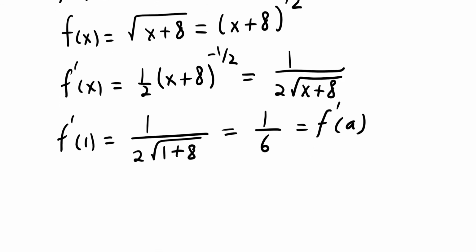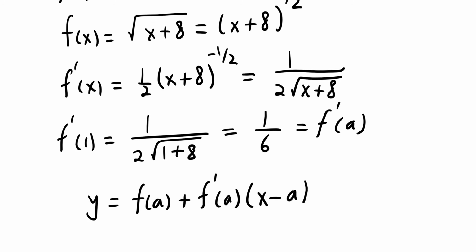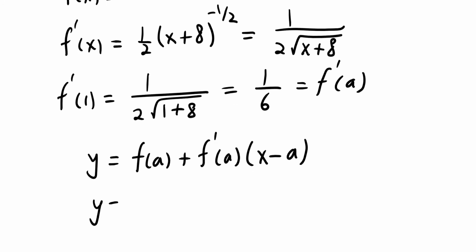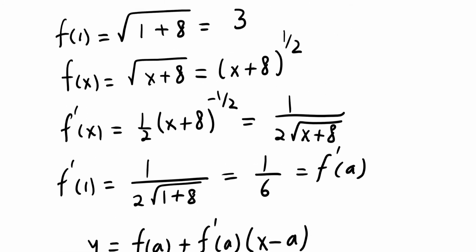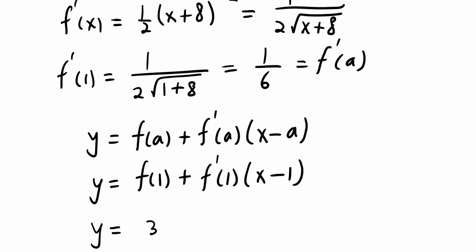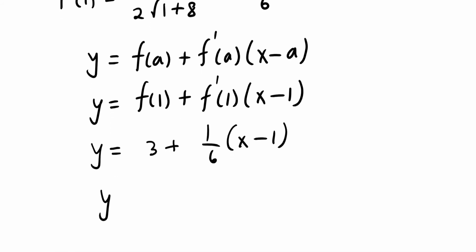So we found all three of them. Then we use y equals f of a plus f prime at a times x minus a. F of 1 plus the derivative at 1 times x minus 1. F of 1 was 3. The derivative at 1 was 1/6, times x minus 1. And then we really need to simplify this.